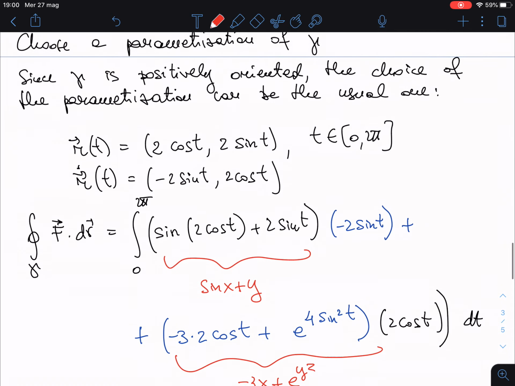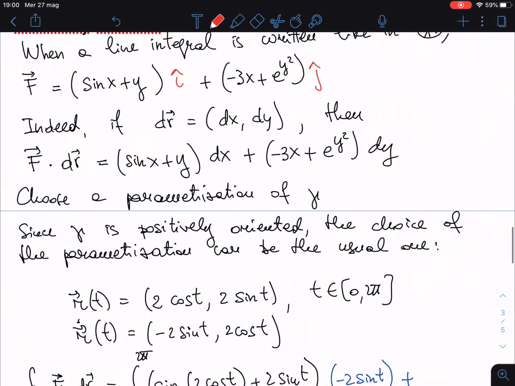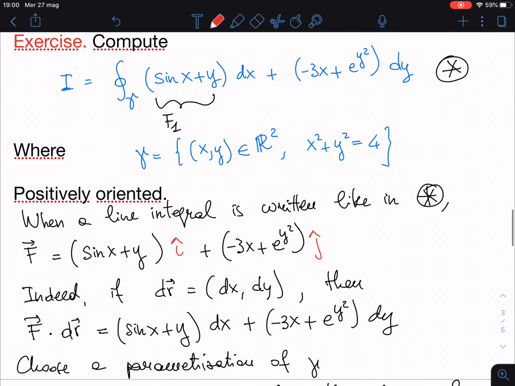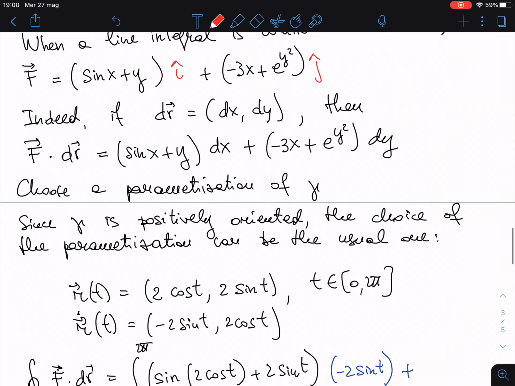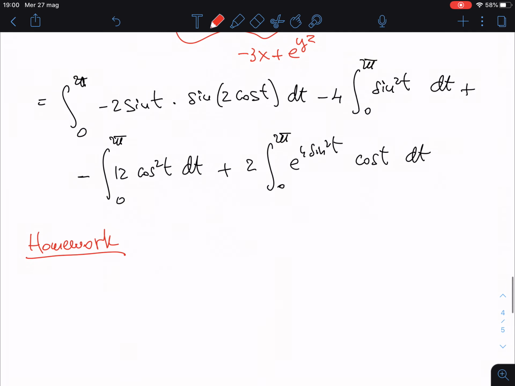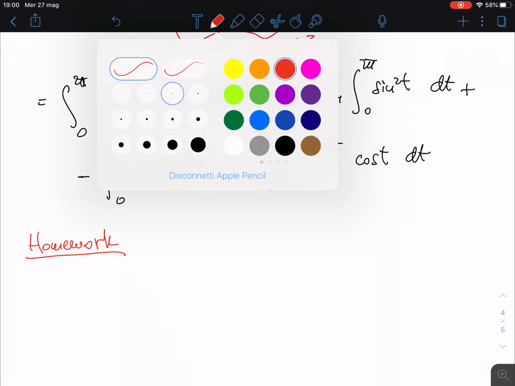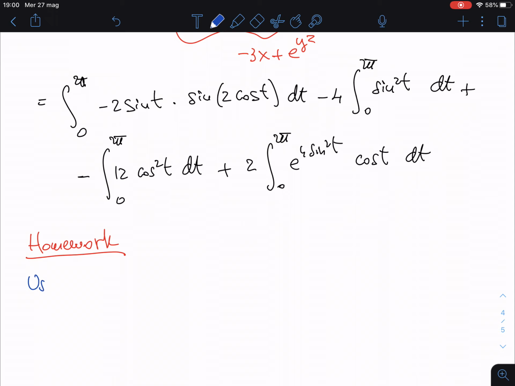But I want to solve this problem by using Green's theorem. This circulation leads to a very complicated integral. So now what I want to do is to use Green's theorem.